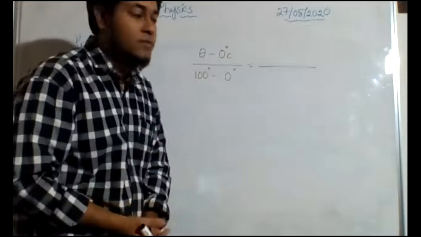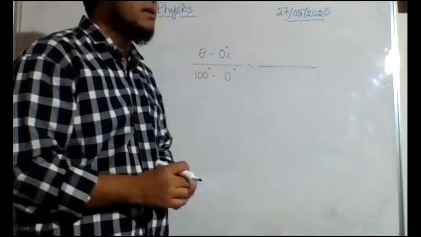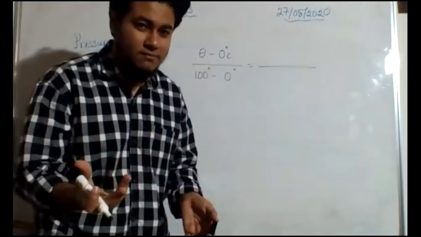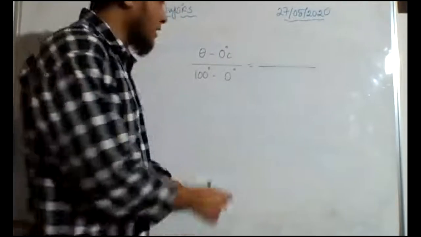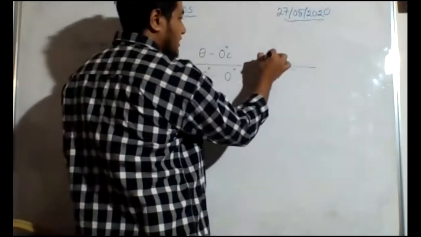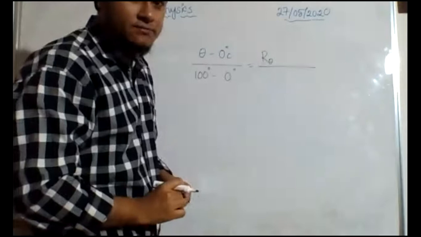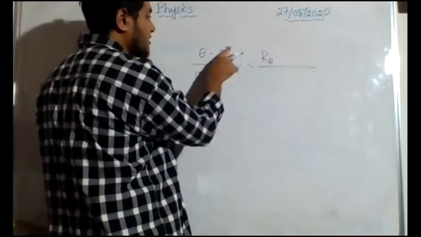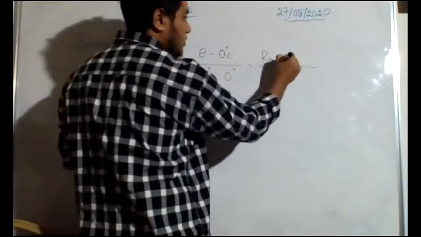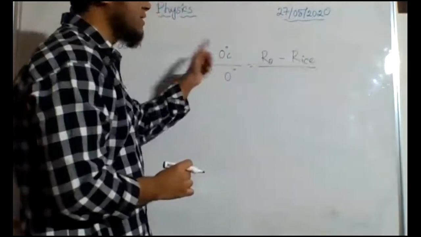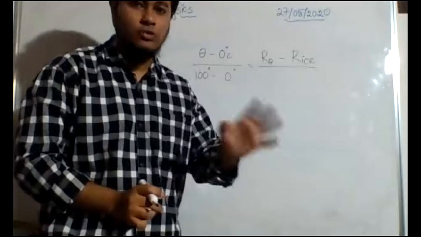What does that mean? Let us say I have taken a resistance thermometer. So with temperature, what will vary? The resistance will vary. Now at theta degree Celsius, let us say the value of resistance is R theta. So I have subtracted 0 degree Celsius, right? So here it will be R ice, because the 0 degree Celsius temperature is also known as ice point.